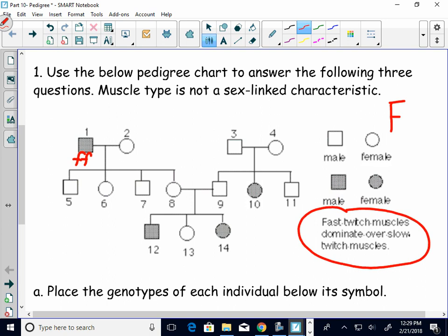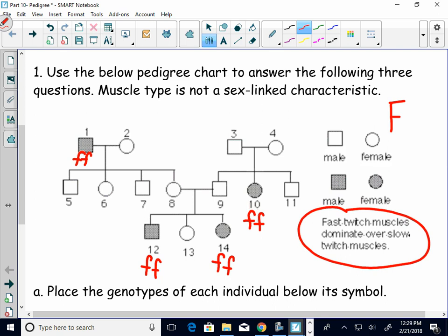I can go through and mark all of my homozygous recessives, can I? So I've gone through and I've marked all of my homozygous recessives. Now, I'm going to try to figure out the genotypes of everyone else.